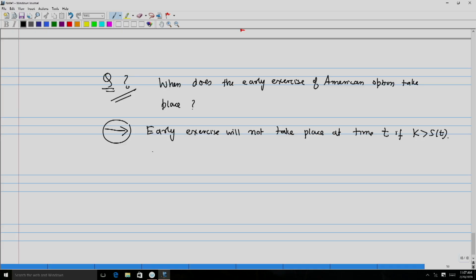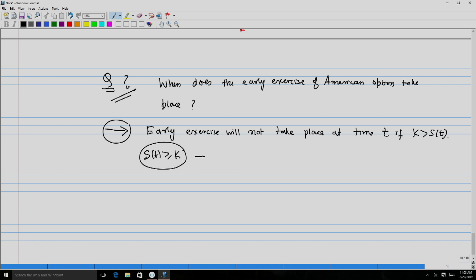So this means that if you find that the current stock price is S t and the exercise price is K, then there is no reason for you to purchase the stock for K and sell it at a lower price. This is the case where any rational owner of the option will not exercise the option. However, let us look at the case when S t is greater than or equal to K. What happens?